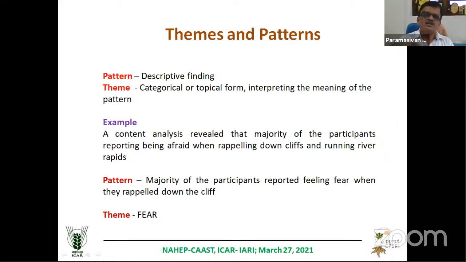Many times, pattern means the same kind of sentence told by different people. Suppose you ask a question to 10 people, and the same kind of sentence comes from 5 of them. 50% of people said, "I feel fear when I am going on a bridge like this." That is a pattern, meaning the same kind of sentence repeated 5 times. From there you identify that when people are traveling, they face fear.